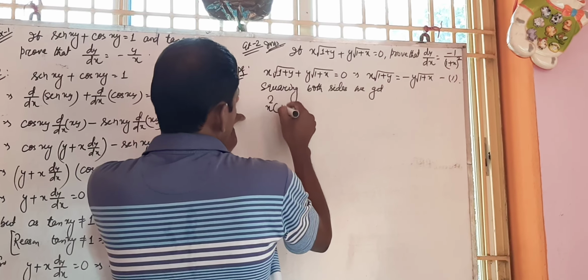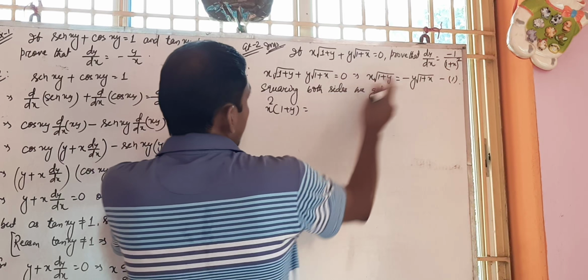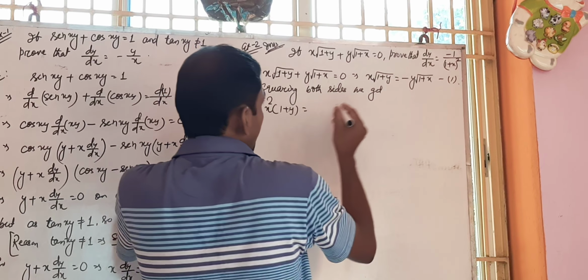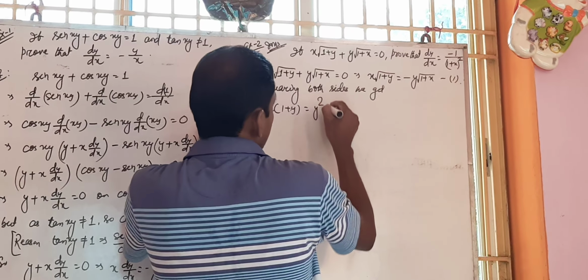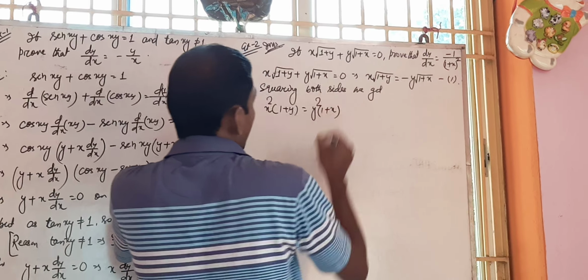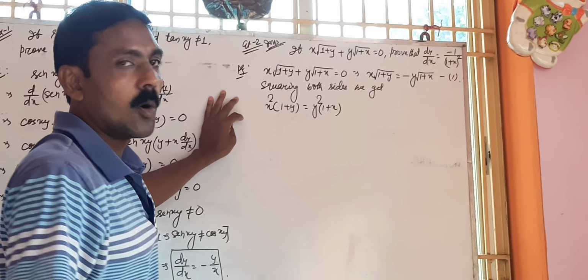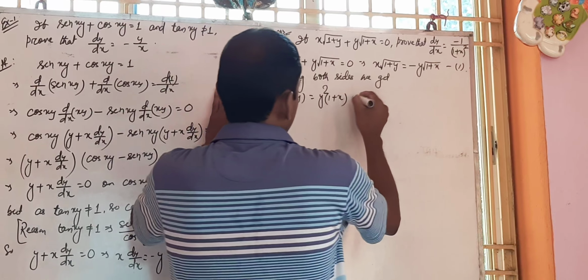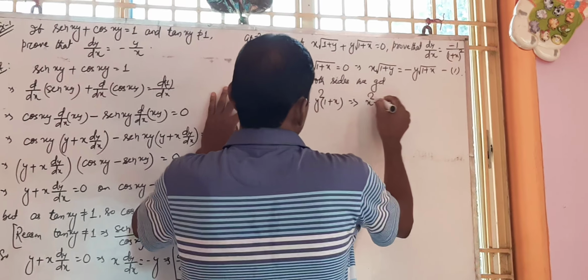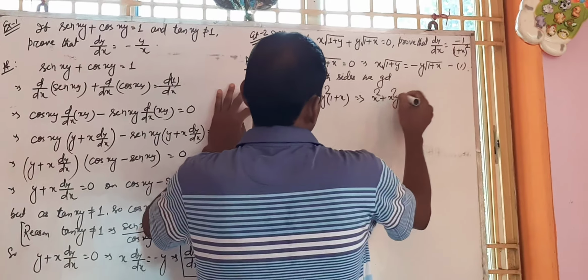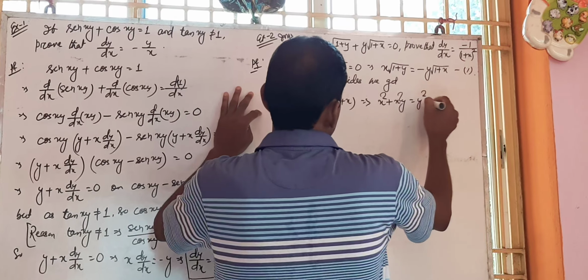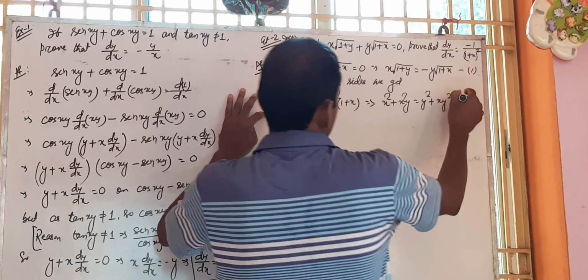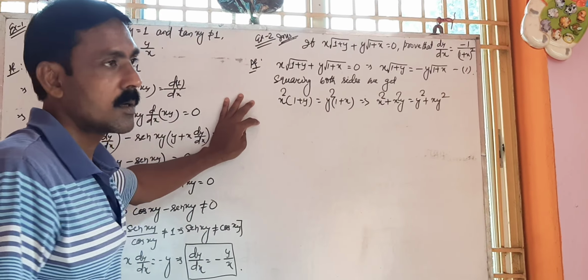Left hand side is x square into 1 plus y, or minus square is also plus, that is y square into 1 plus x. Now open the bracket, that is x square plus x square y equal to y square plus xy square.